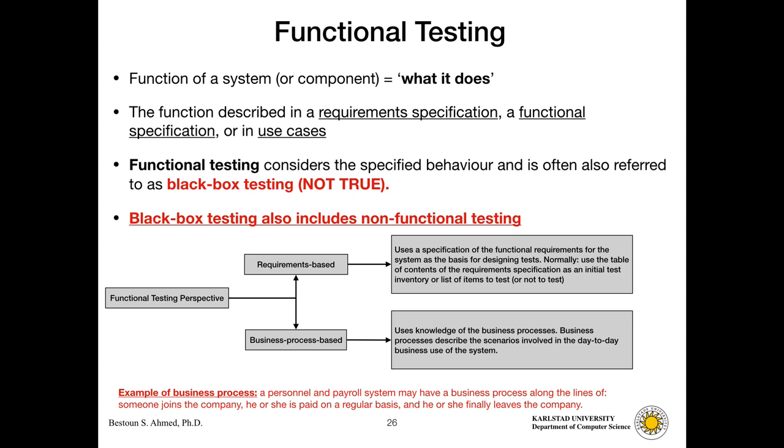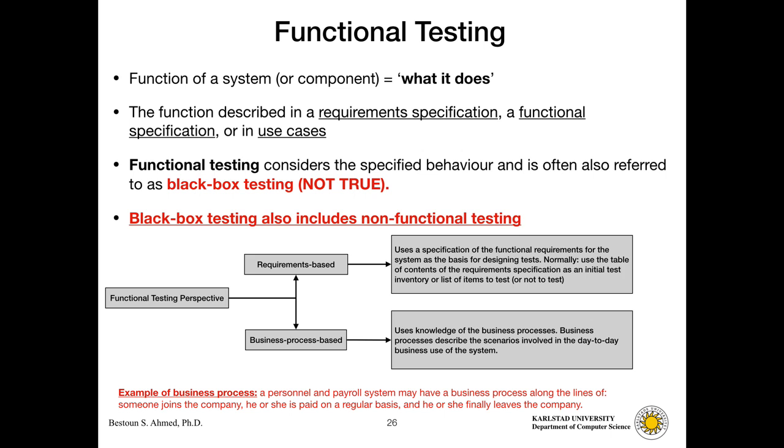Functional testing considers the specified behavior of the software, and it has been said that it is only useful for black box testing, but that is not true. Nowadays, functional testing is also useful for another type of testing, like white box testing, for example. Black box testing is also included in non-functional testing, for example.